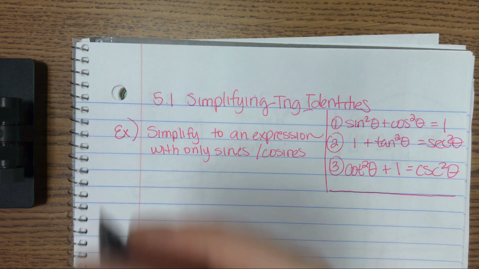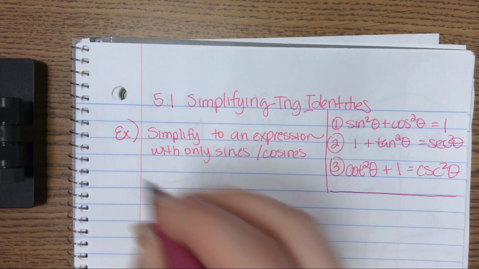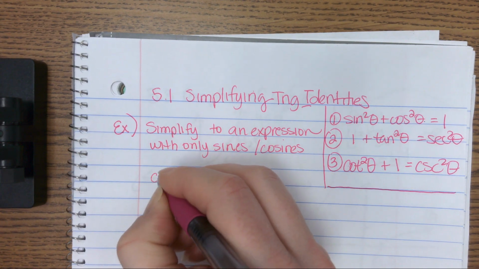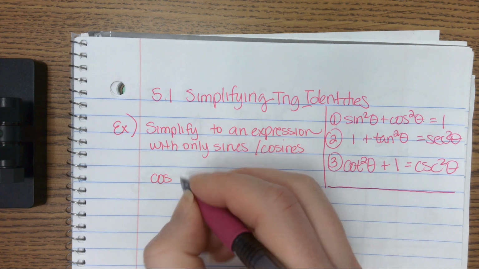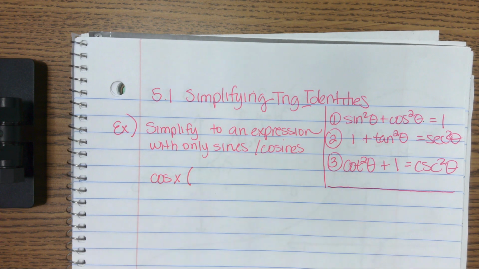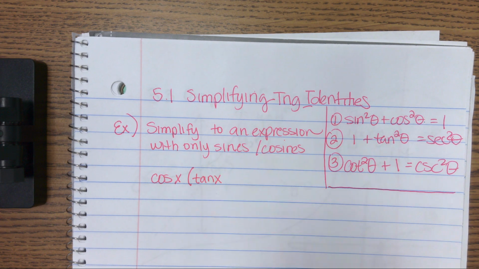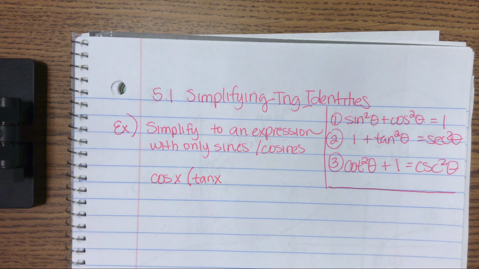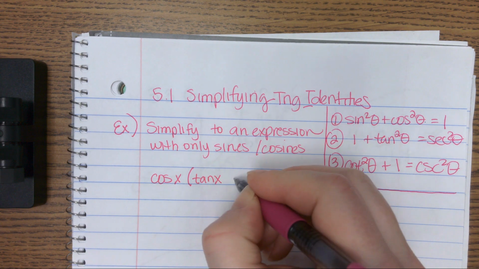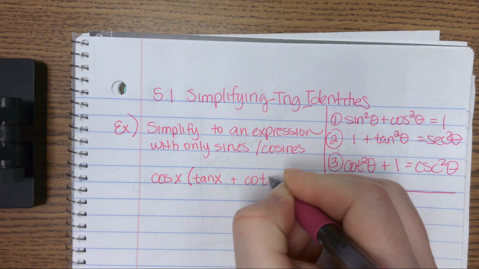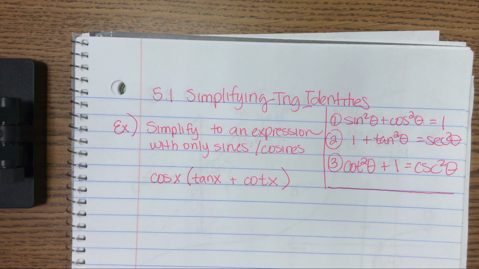We're going to start with our first example, which is the cosine of x times the tangent of x plus cotangent of x. First of all, I'm going to rewrite these.